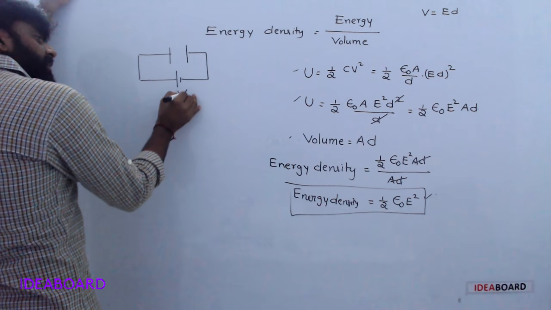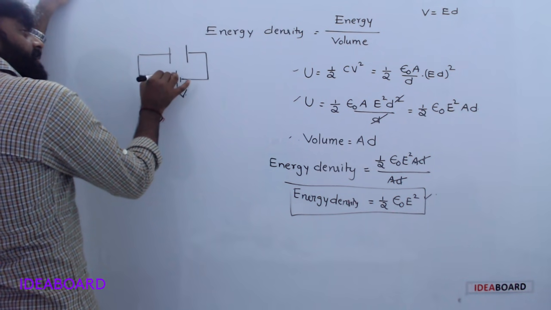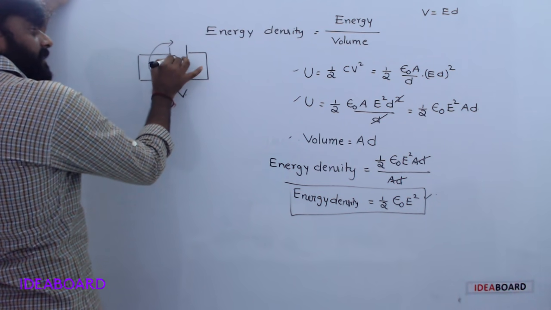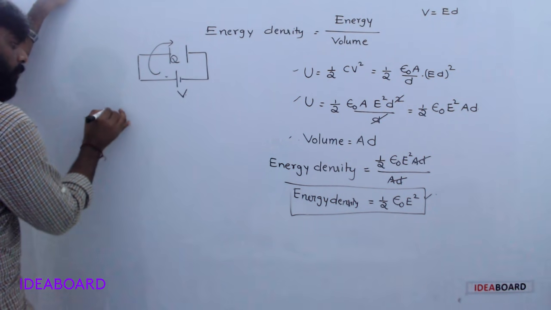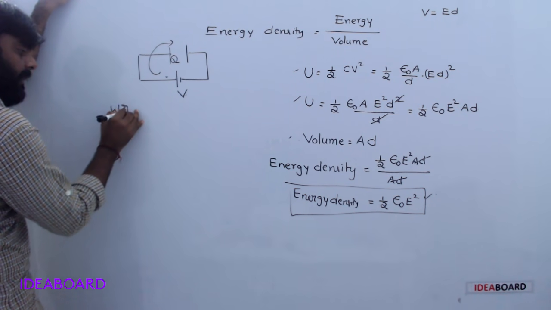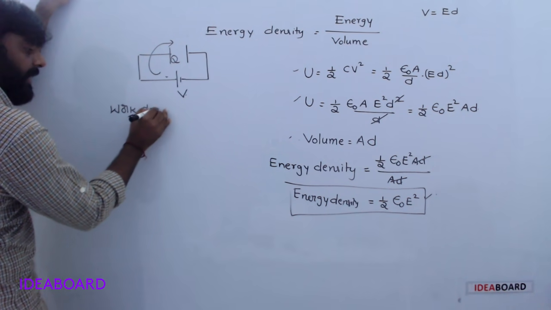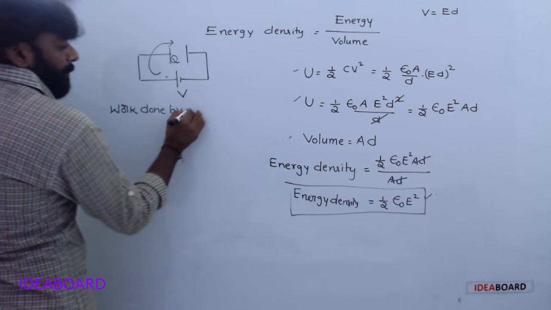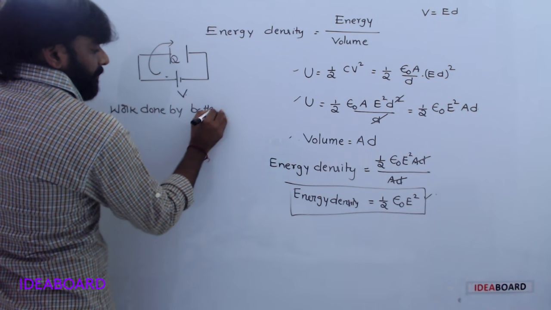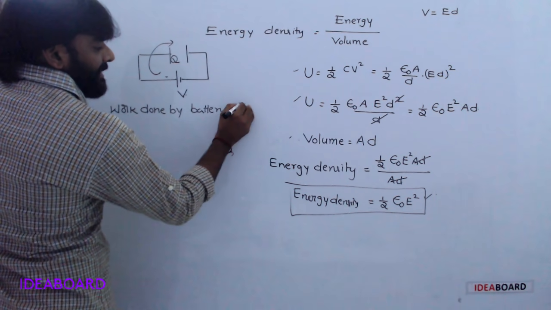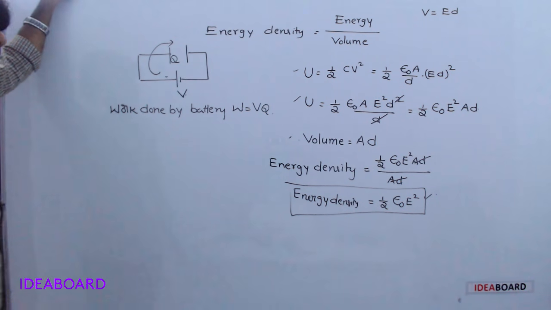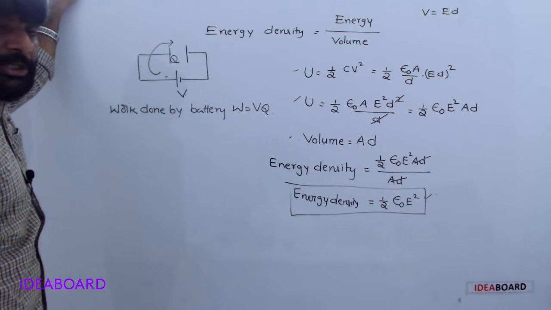Now its potential is V. It gives the charge to the capacitor plates. The charge is Q. Now work done by battery, W is equal to VQ.